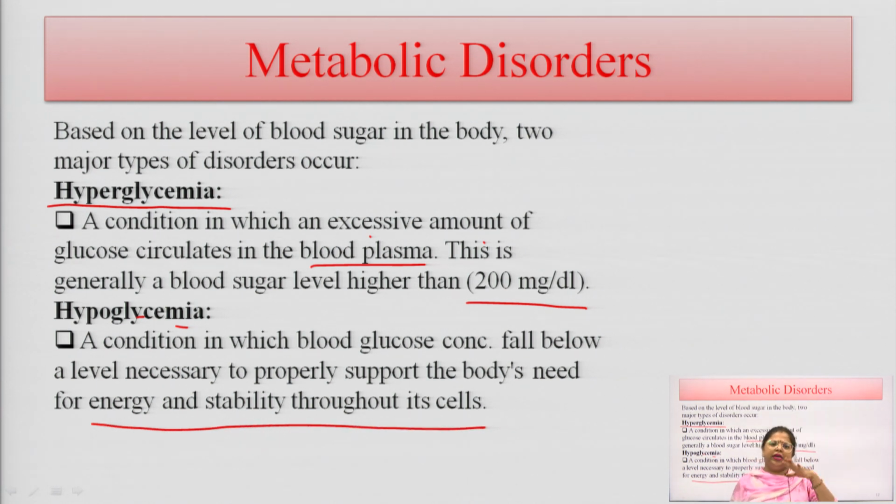Normally it is less than 60 mg per deciliter, but whenever our body is not capable of controlling itself, or the level of glucose goes so low that the body is normally not functioning well and the energy of the body is reducing, that condition is known as hypoglycemia. Normally the level is less than 60 milligram per deciliter blood sugar level.